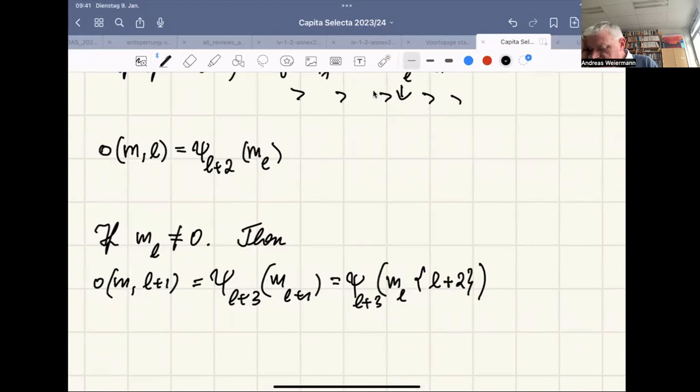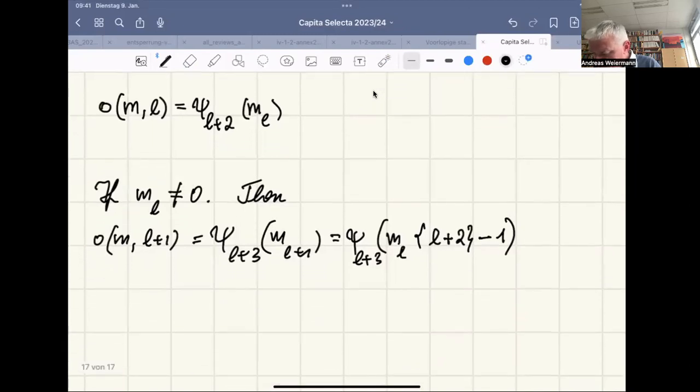And then we apply the psi function. But in the Goodstein process, we also have subtracted 1 over here, which is most important.